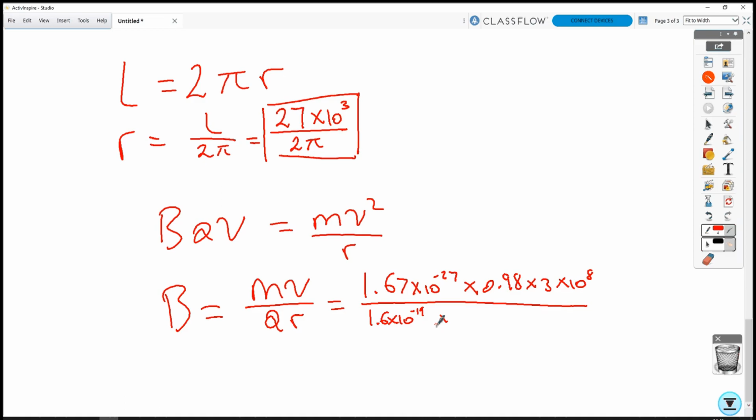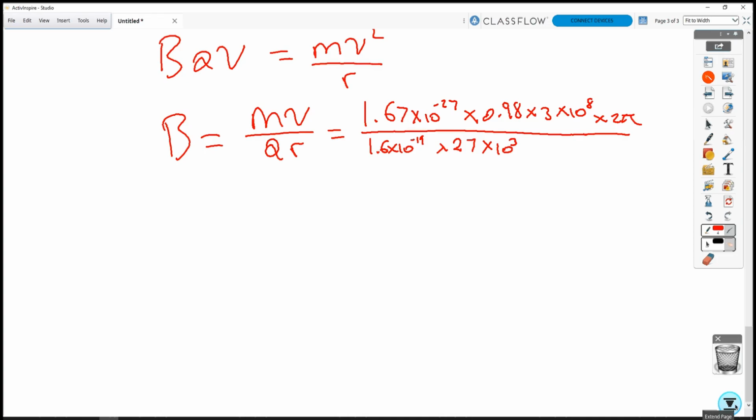So 2 pi will go above, and times that all by 2 pi. So you put that into your calculator. That gives us a B field of about 7.14 times 10 to the minus 4 Tesla.